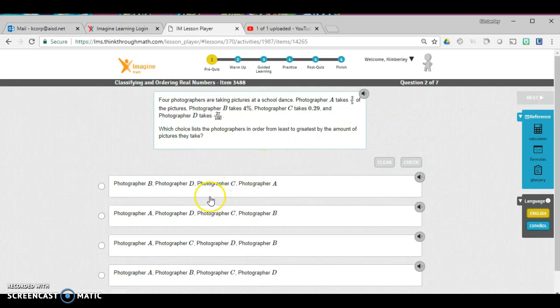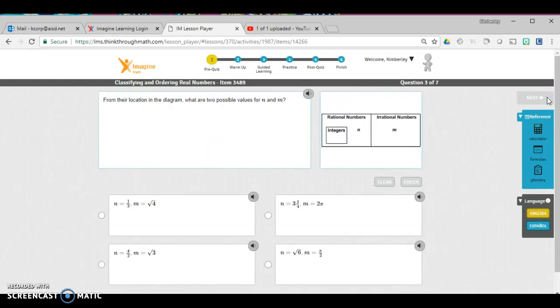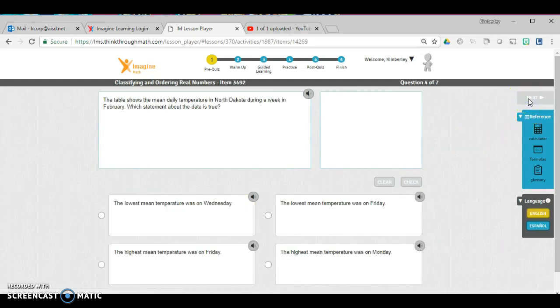Here it says, I'm just going to guess a random one to demonstrate how a pre-quiz looks. Here, let's see, the lowest temperature looked like it was Friday.